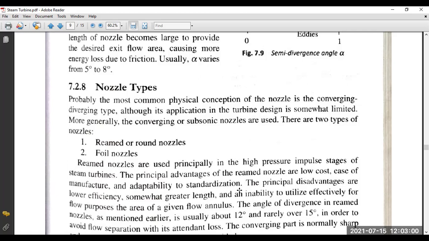So manufacturing is easier, that's why cost is also less, and adaptability to standardization means we can make a standard.